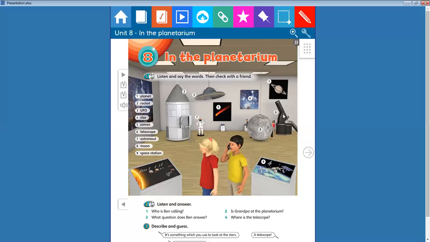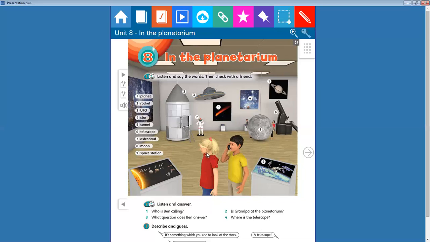This is the device we use to take a look from the ground to space. Astronaut. The astronaut is the person who can go to the moon or fly to space. The moon, here is the moon, and space station. Look at this picture. Here is a space station.